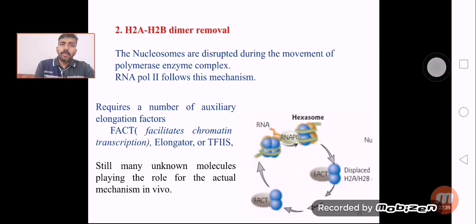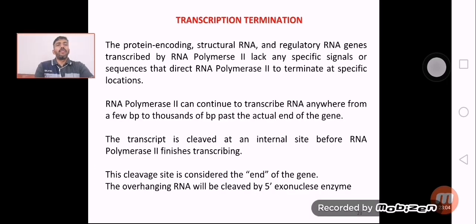That means the nucleosomes will be disrupted during the movement of the enzyme, followed by the transcription process. For that, certain factors help in the process, and after that these dissociated molecules will come back to reform the chromatin structure, right? So finally we are moving into the last phase, called the transcription termination process.